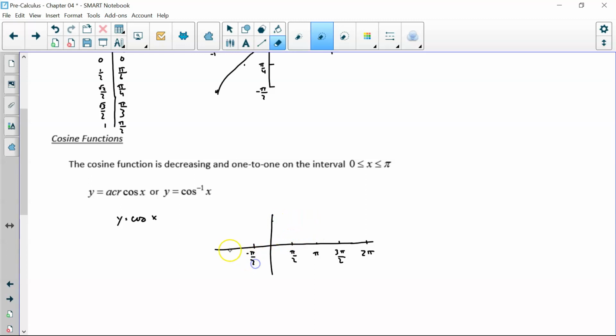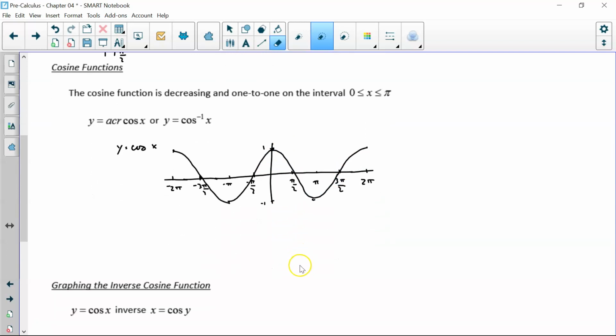Negative pi over 2, negative pi, negative 3 pi over 2, and negative 2 pi. Our amplitude is 1. So with cosine, we go max, 0, min, 0, max. Max, 0, min, 0, max. So our cosine graph looks like this.